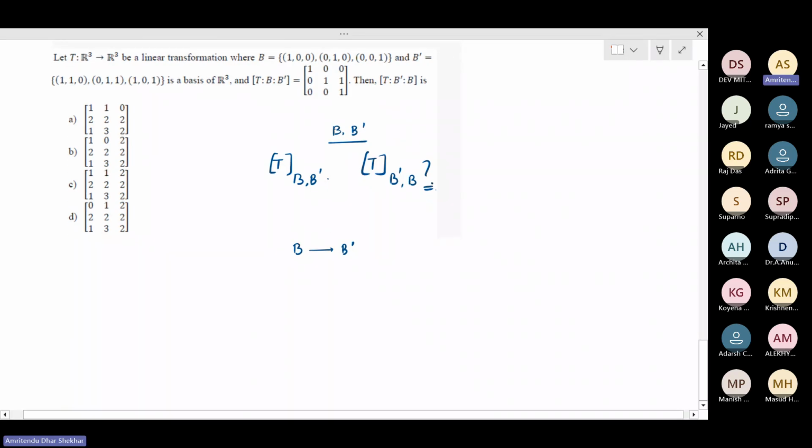So let me just abuse notation a little bit, and let me denote B as this matrix 1 0 0 0 1 0 0 0 1. Okay. And again, let me write B prime also in a similar way.